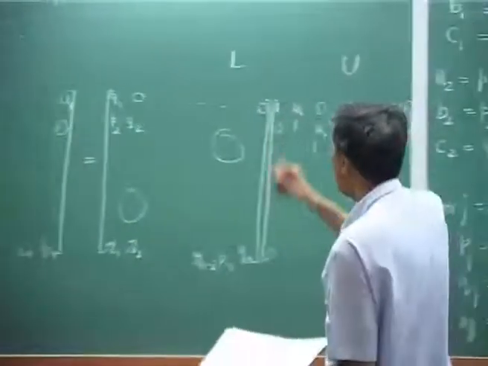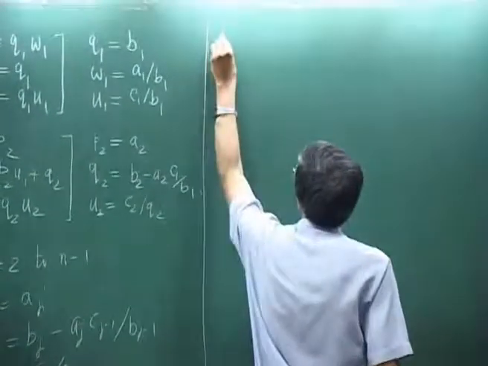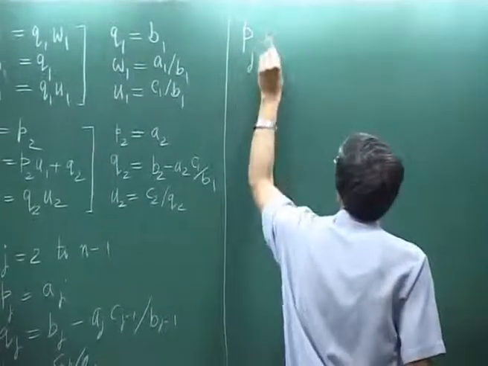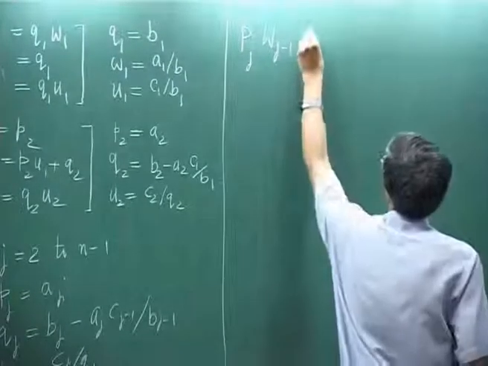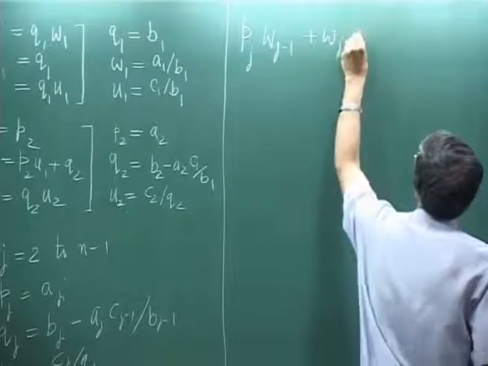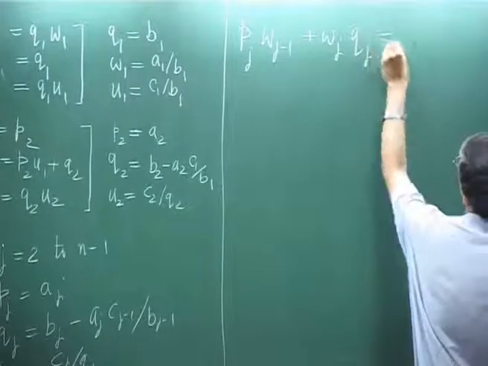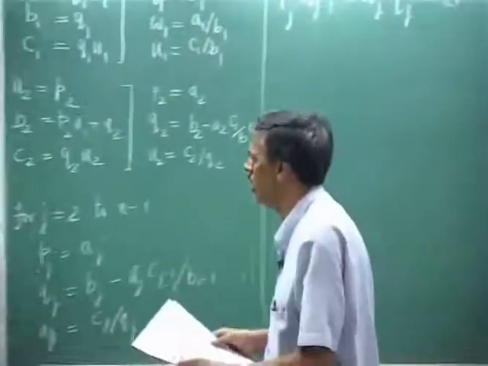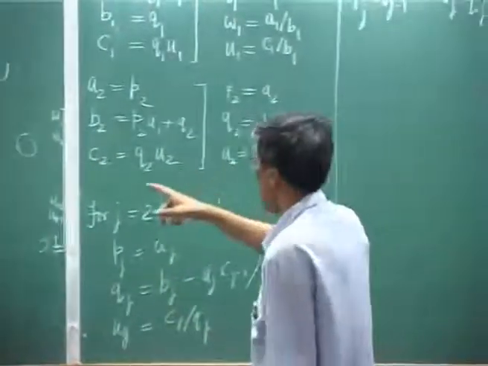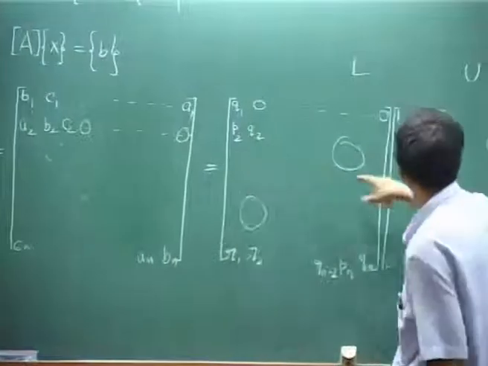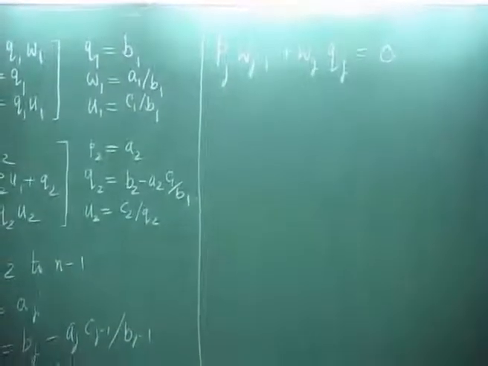So, if I leave out the first one, A 1, then I get a relation that gives P j into W j minus 1 plus W j Q j equal to 0. I am just talking about all these non-zero entries. You will be taking each of these rows one at a time and multiplying with the last column. That will give you that kind of a relationship.